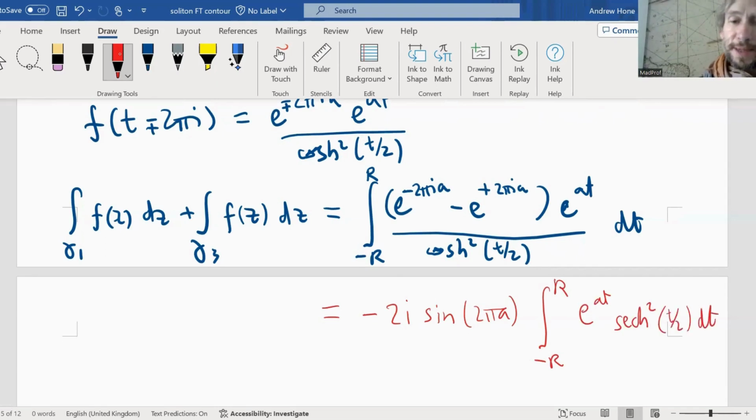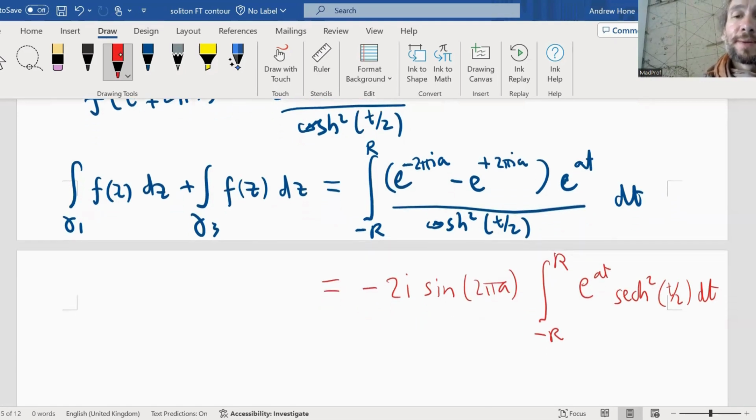So you see I've replaced the cosh squared in the denominator with that sech squared. So now you can see that this is actually the integral that we're trying to calculate if we take the limit when r goes to infinity.